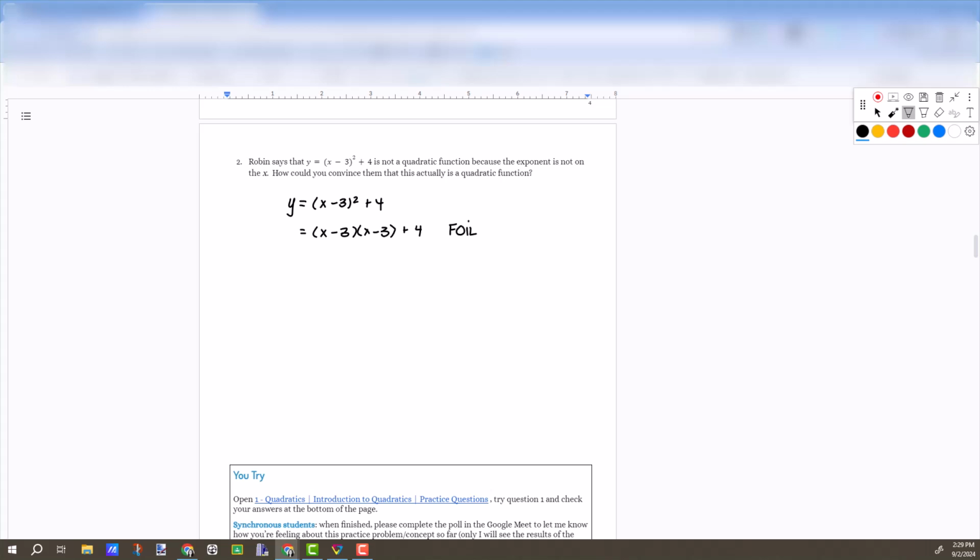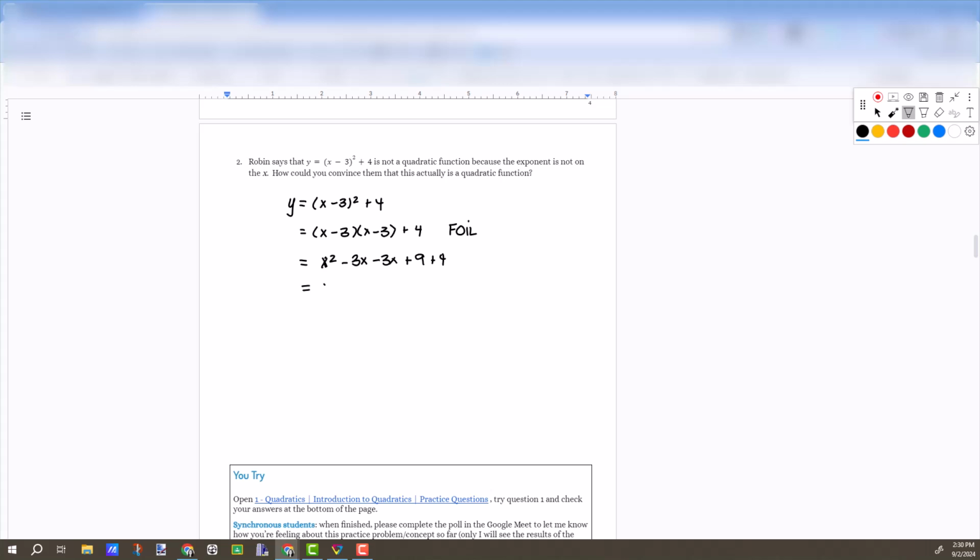Remember, FOIL: first, outside, inside, last. So we're going to multiply the first terms of those two binomials to get x squared, minus 3x, then minus 3x, and then the last terms, plus 9, plus 4.